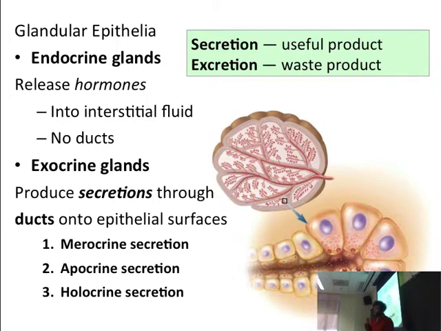These hormones are released into the interstitium and can either act in the tissue that they've been released into, or they can enter the bloodstream from that interstitial fluid. Exocrine glands produce secretions into ducts onto the surface of the epithelium, which then forms a duct. We have 3 types: merocrine, apocrine, and holocrine secretion. We're going to go through those.